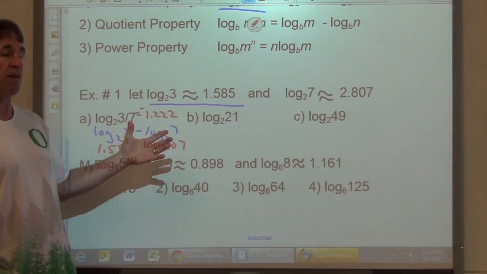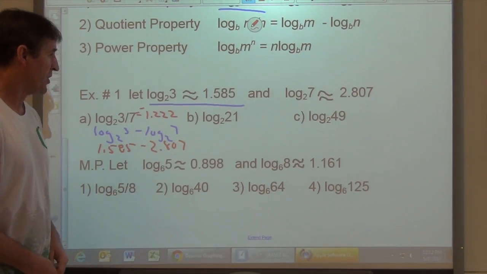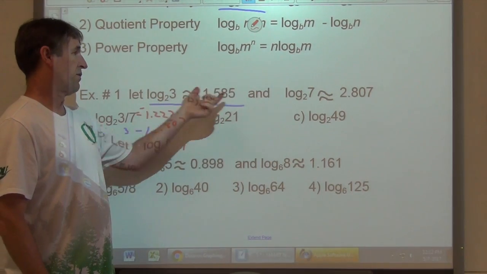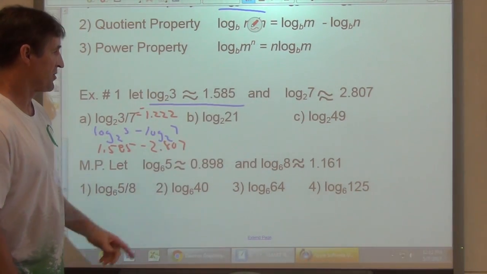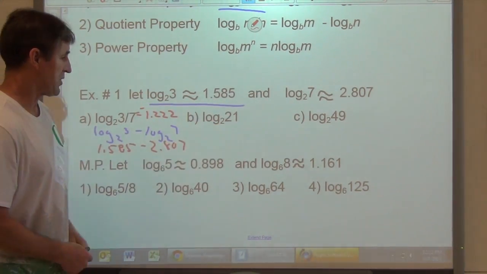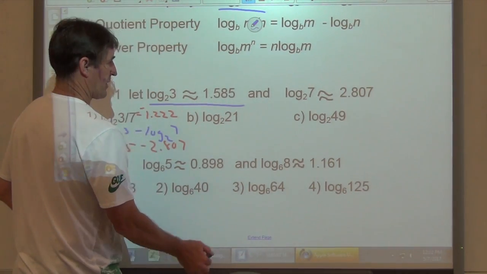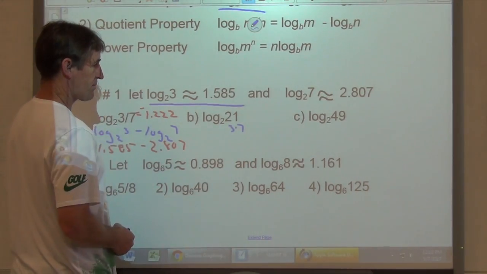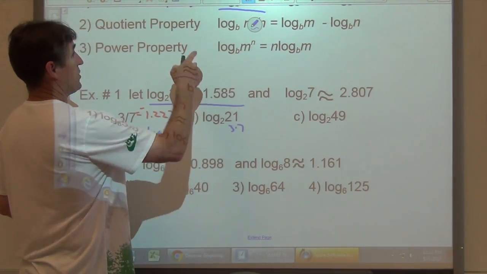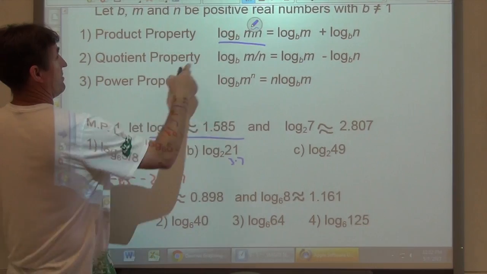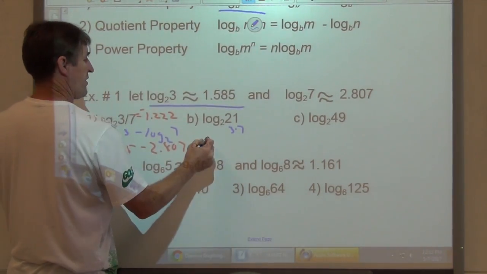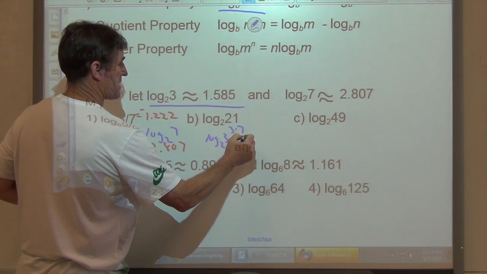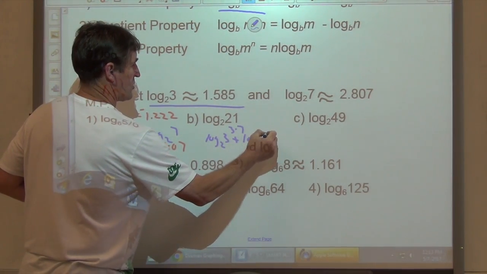So they're going to have to give you values to do these. Again, we're trying to get it so we can use either log base 2 of 3 or log base 2 of 7. So if we look at this one, we can change this 21 into 3 times 7. Now I can use my rule for addition here, and I can convert this to log base 2 of 3 plus log base 2 of 7.